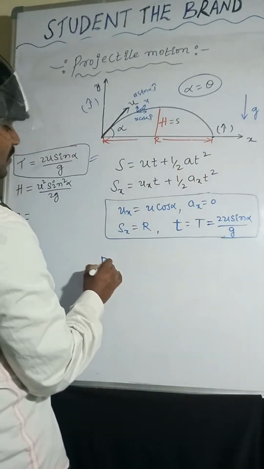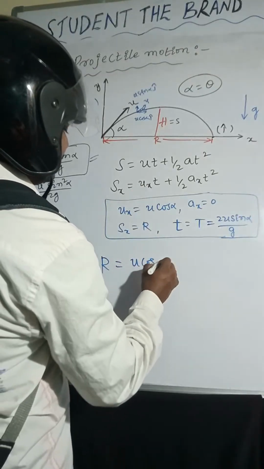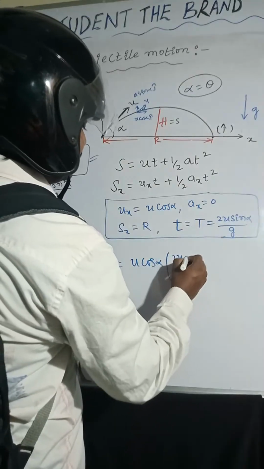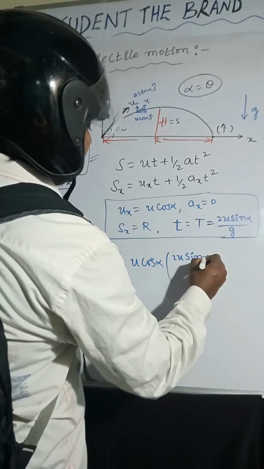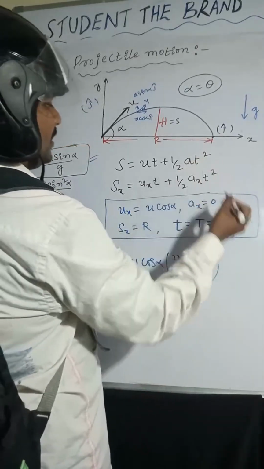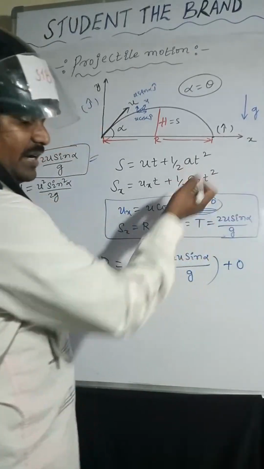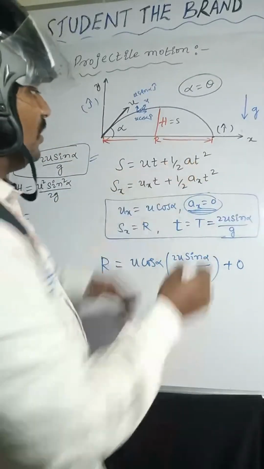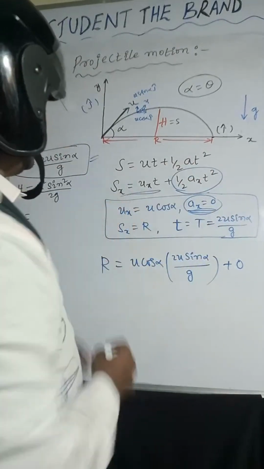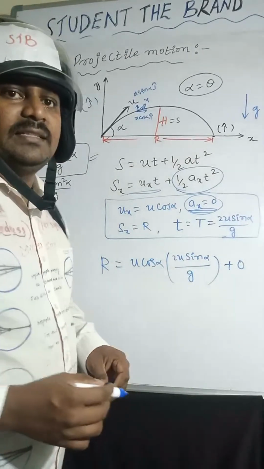So r equal to u cos alpha, and time of flight is 2u sin alpha by g. Anyway, this whole term becomes 0 because ax is 0, the acceleration along x-axis. Then only these terms: r equal to u cos alpha into 2u sin alpha by g. Yes or no?